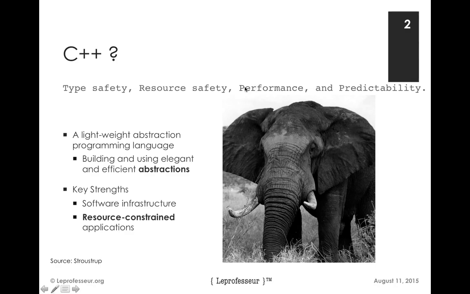Performance, of course. It's very close to machine language, or in other words, C++ is much closer to the machine than Java or any other language. People say C is much closer to the machine than C++, but with the recent versions of C++, the gap is very, very tiny.